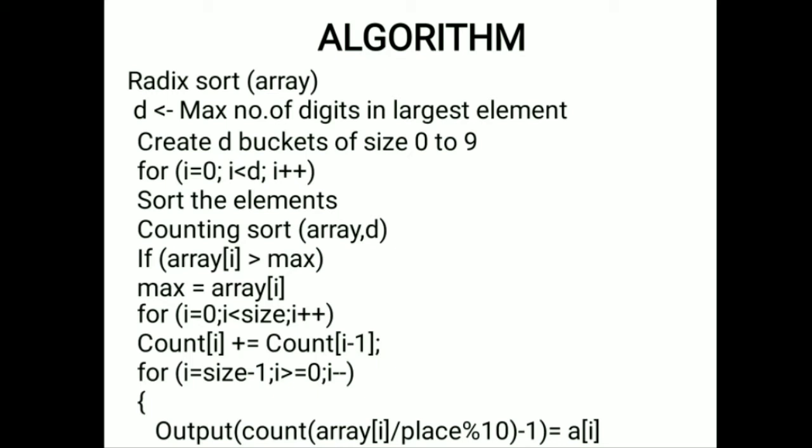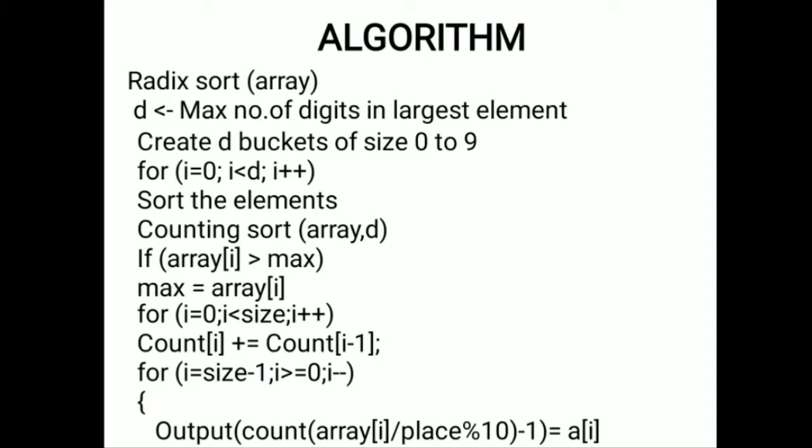For that we have a technique: A of i mod 10 gives the units place of the number, A of i divided by 10 mod 10 gives the tens digit, and A of i divided by 100 mod 10 gives the hundreds digit.